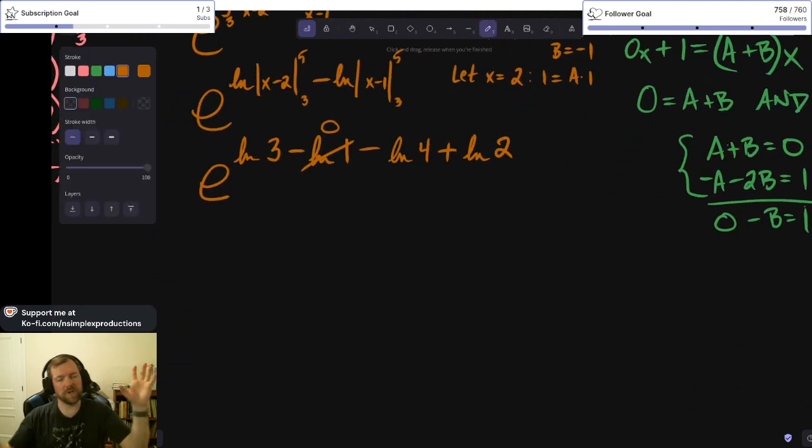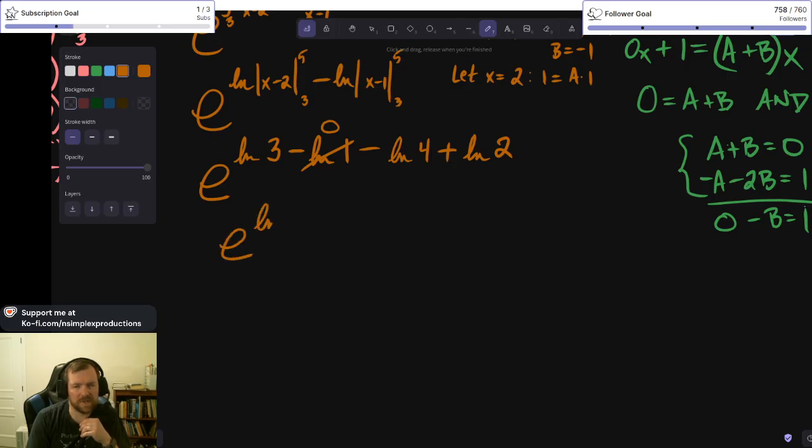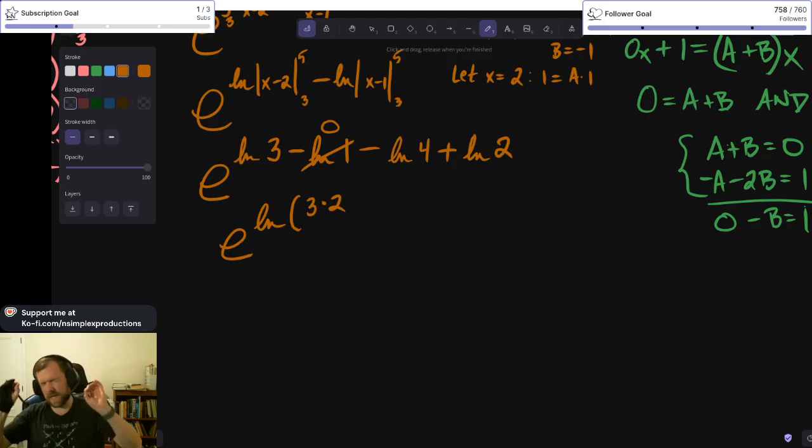So when we get this, we have to combine everything first. Alternatively, we could also separate these out as separate e's, whatever you feel like. This isn't going to matter. So, right, we could do this as e to the natural log of, parentheses, 3 times 2, the things that we're adding together get multiplied as arguments. These are the exponentials that we are multiplying together.